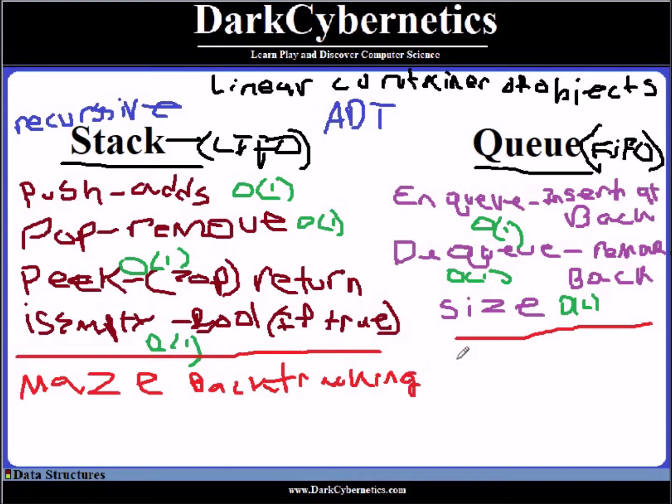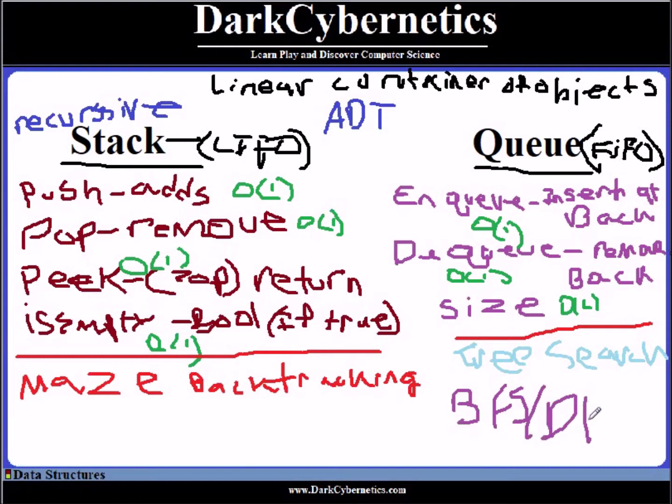And we think about using the queue, and we'll use queues to implement other data structures such as the linked list, which we may get into later. But we can use those along with the queue structure for breadth first search for tree search algorithms. Tree search here, and items like the BFS and DFS, which is the breadth first search and the depth first search, which is, of course, a graph algorithm.